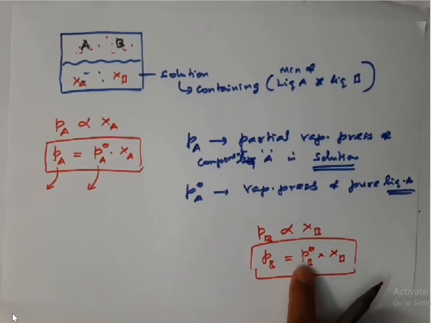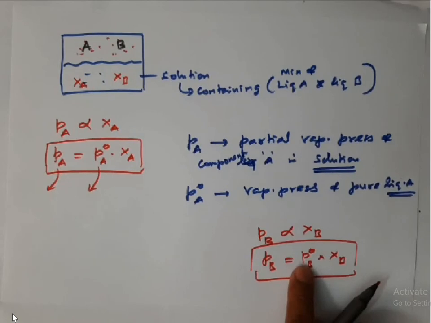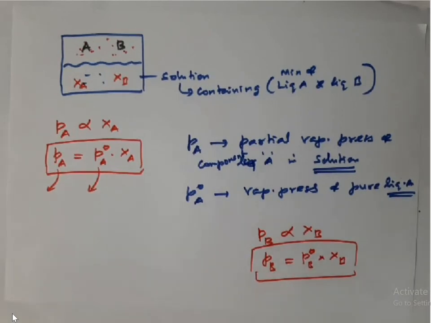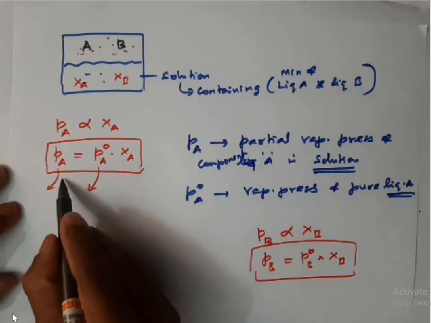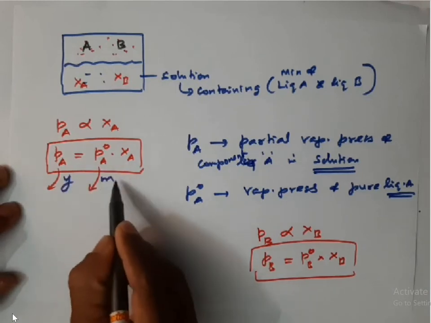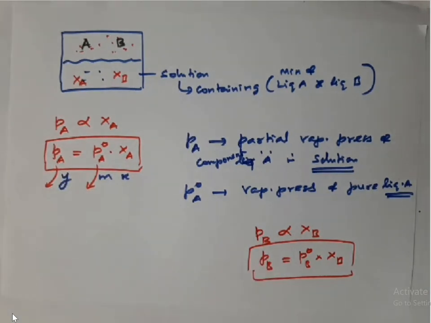P naught B is vapor pressure of pure liquid B. Now students, observe this carefully. This equation is something similar to y is equal to mx, correct? It appears like a straight line, but intercept is 0. That means the straight line should pass through origin.